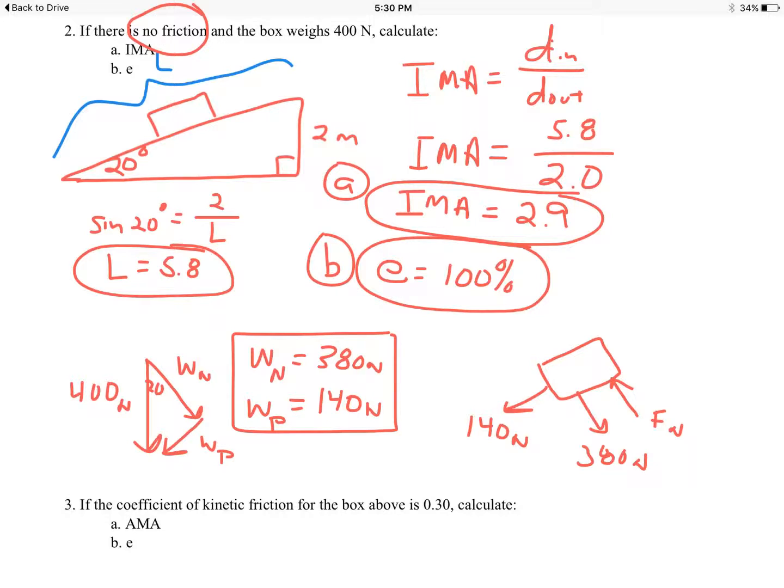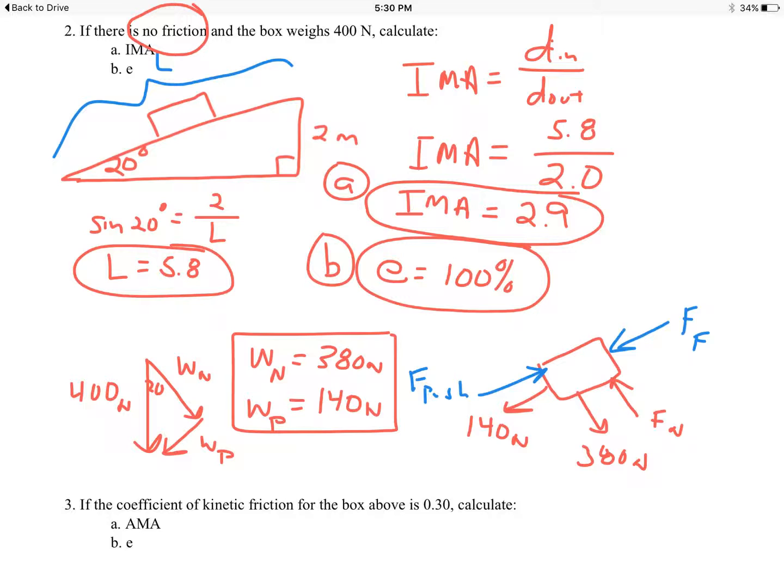So F sub n here will be 380 newtons. But what else do we have here? Well, we're going to be pushing this box up the ramp. I'm going to call that the force of push. And we're not going to accelerate the box. We're just going to push it up at constant velocity. But as we're pushing with constant velocity, there will be a force of friction working against.